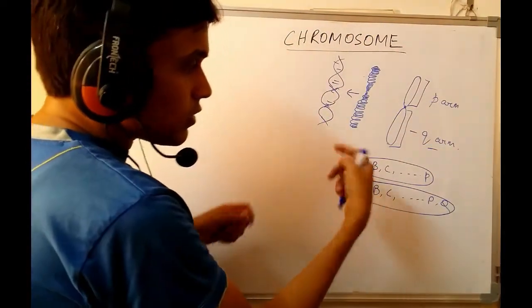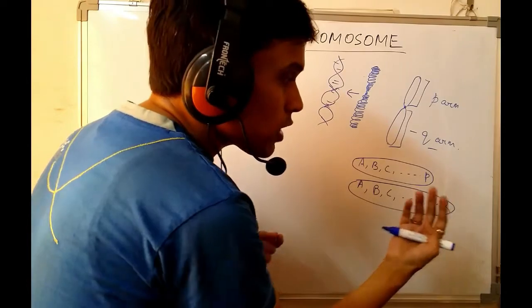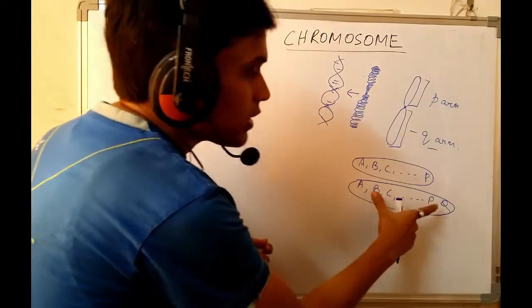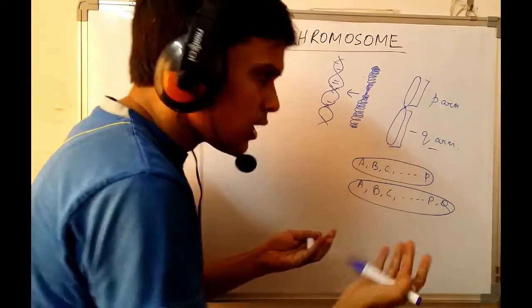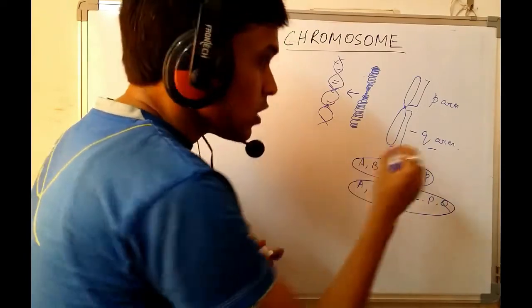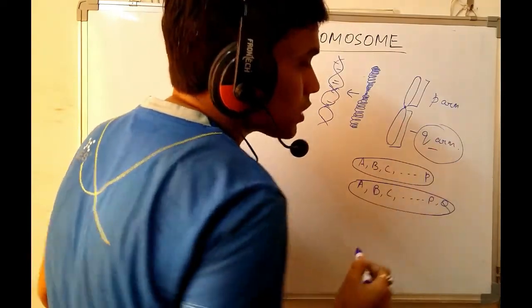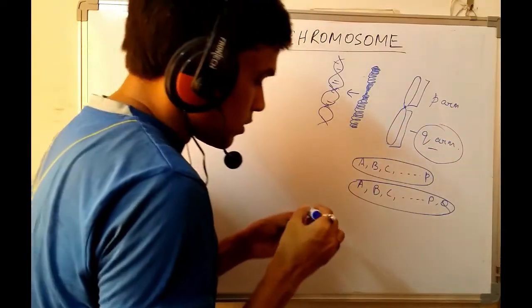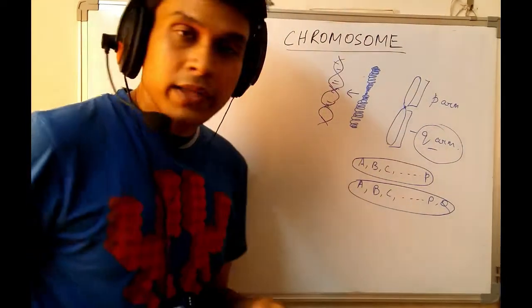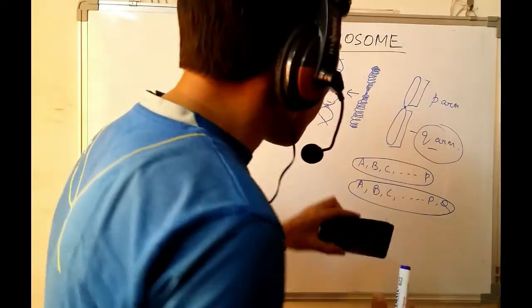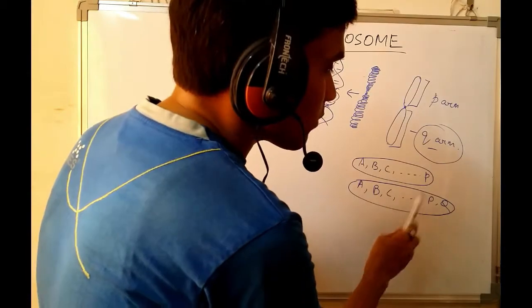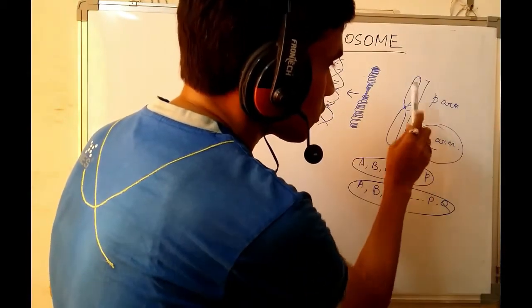As it is very common that Q comes after P, this arm is obviously larger than this one. So it is better to remember this by drawing the alphabets. This arm is larger and this arm is smaller.